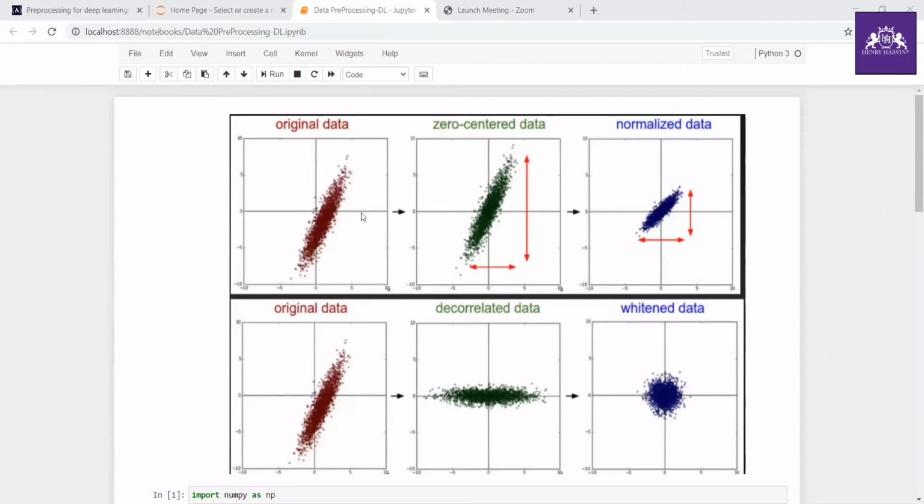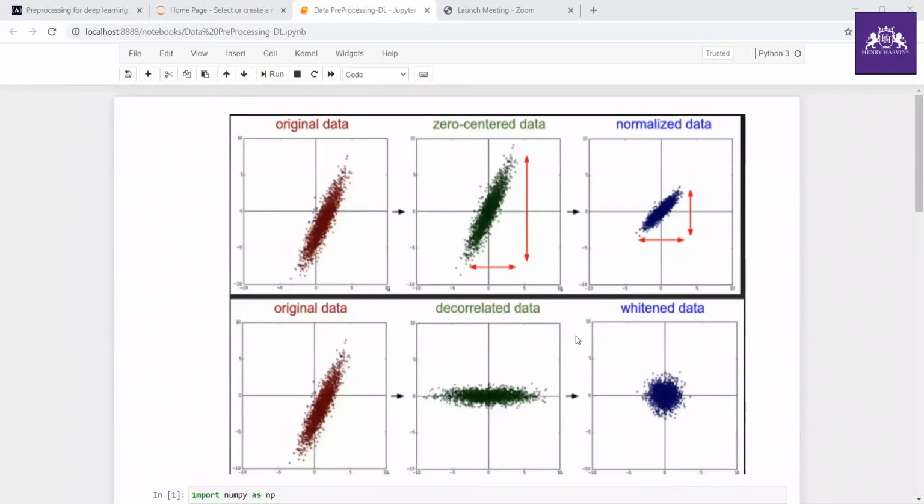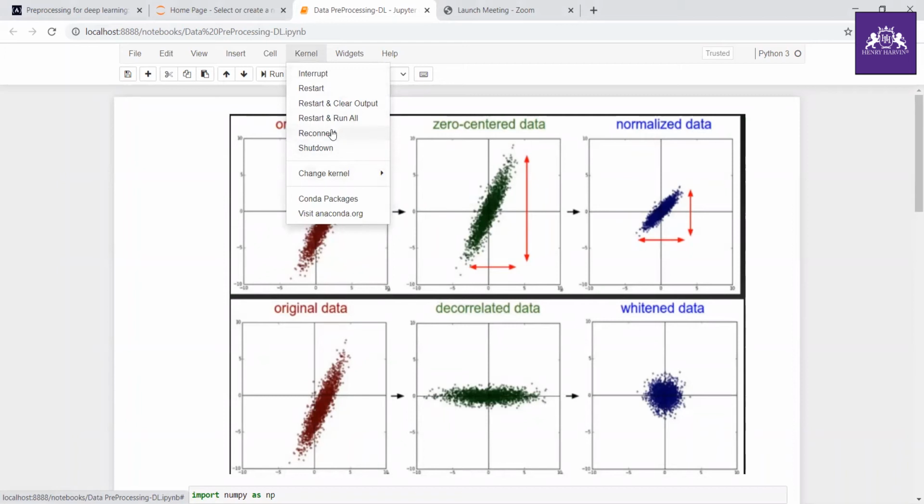Here you can see the original data, and I have shown some figures. First, let us try to understand the data. What I'm going to do now is take some random numbers.